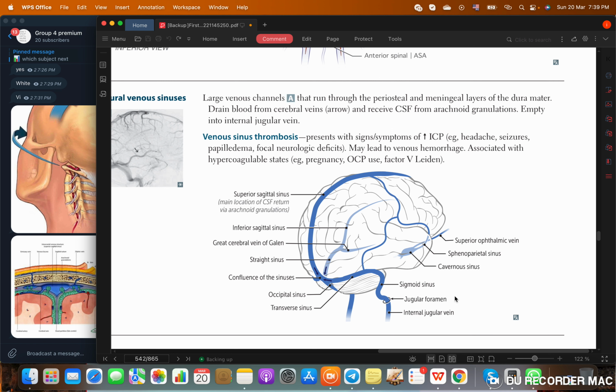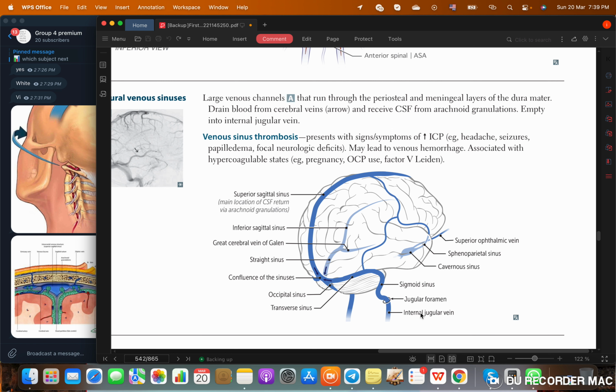Then, through the foramen of Luschka and foramen of Magendie, it keeps going to the subarachnoid space. From the subarachnoid space, the arachnoid granulations are going to absorb it and send it to the venous sinuses. From the venous sinuses, it's going to gather up to drain into the internal jugular vein, and then it's going to go back to the heart.